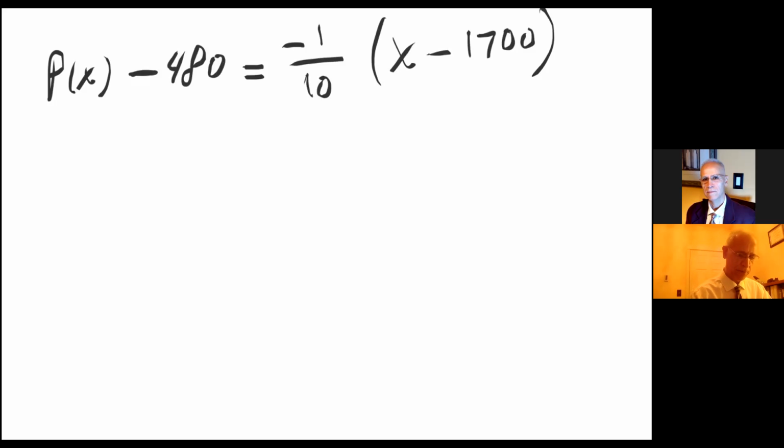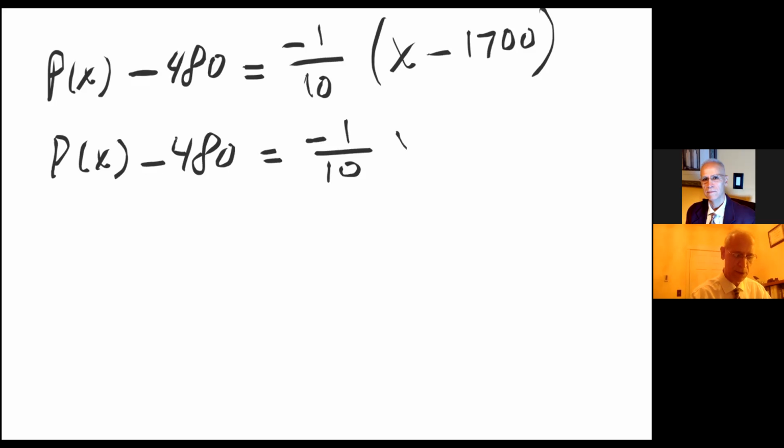Okay, let's just simplify this. So this is p of x, let's do one baby step. P of x minus 480 equals minus 1 over 10 x. Negative times negative is positive, and 1/10 of 1,700 is 170.